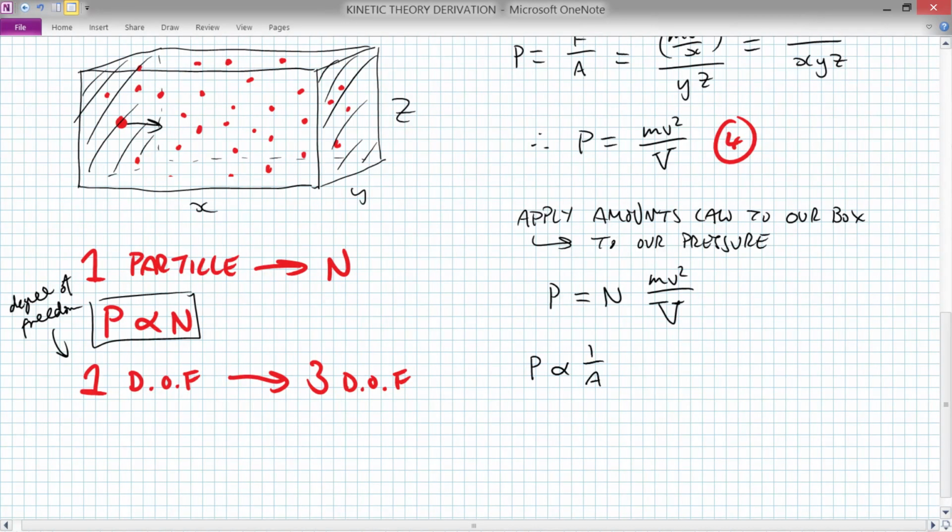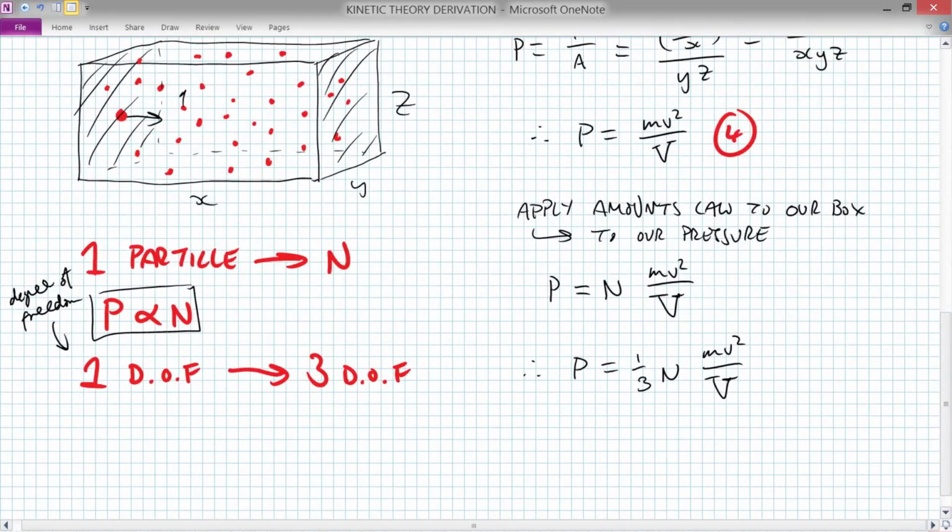It's not strictly area, it's more to do with the number of dimensions that we're working in, but you can think about it as an analogy as the area that the pressure is applied over. Now there's 2 extra pairs of walls, so it's a factor of 3. Therefore, my pressure is going to reduce by a third. So now we've got a third n m v squared over big V.